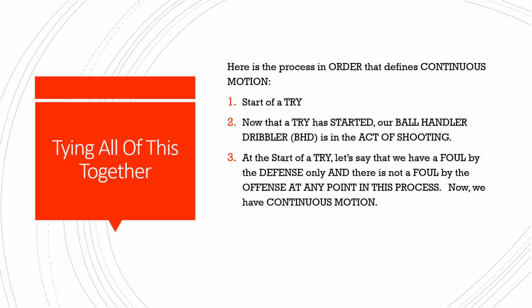Whether they have released the basketball or not is inconsequential. It's not essential as the rules stated earlier. And there is a foul by the defense during this process without any fouls committed by the offense. This is continuous motion. This rule is the same for every level of basketball.